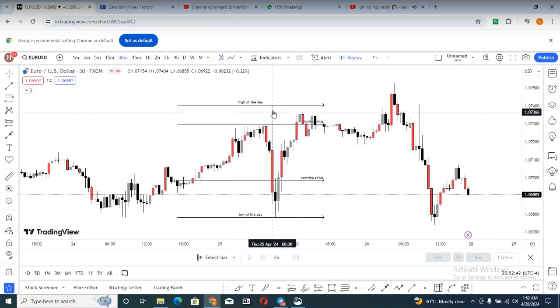Price created the high at that moment and immediately came down to create the low below the opening, because that was a distortion in price already. So we created the low of the day here first. After creating the low, we went all the way and created the high back and closed.